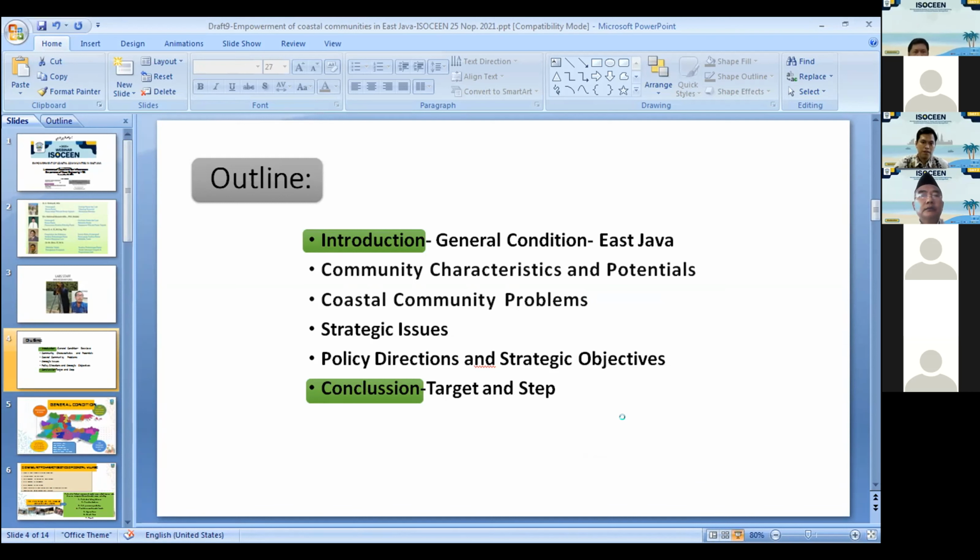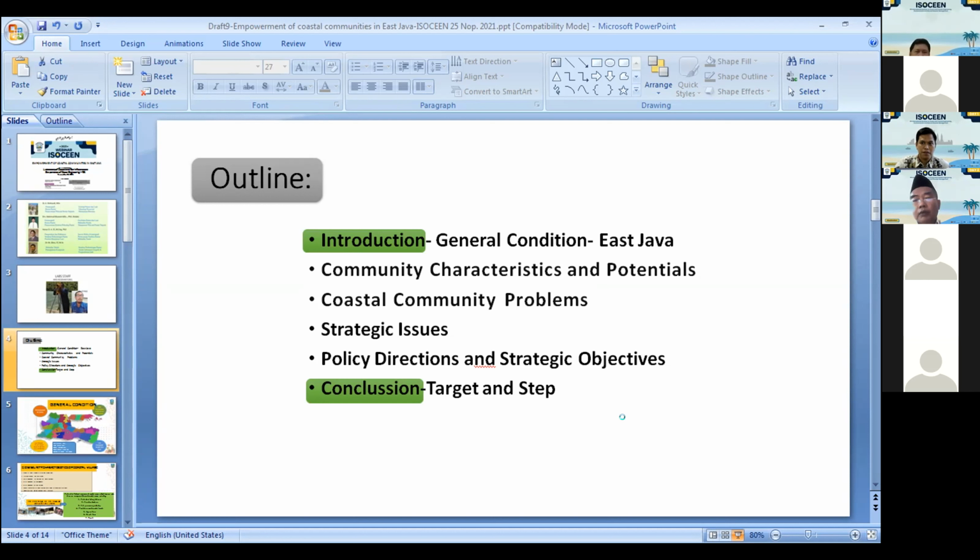First, about general condition of East Java. The total area is around 158 thousand square kilometers, and the ocean 100 thousand square kilometers.